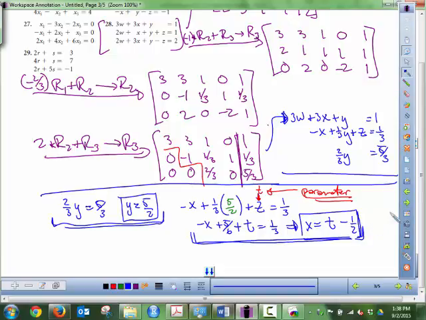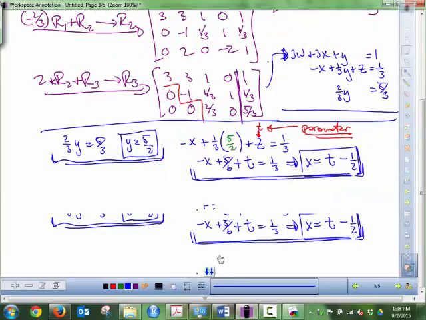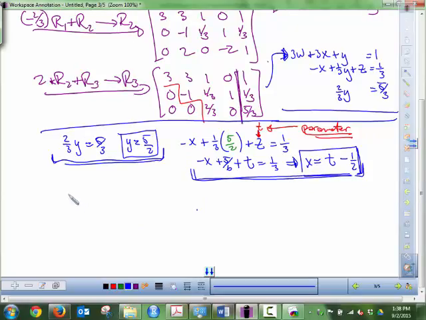All right. Now, what do we have left? The first equation to solve for w, we have a 3w plus 3x. Now, what's x equal to again? I'll put a parentheses and put my x in there. Plus y. And then there's no z, so I don't have to worry about putting the z's equal to t. By the way, maybe I should have put z equals to t here and put a box around that as well. All right.